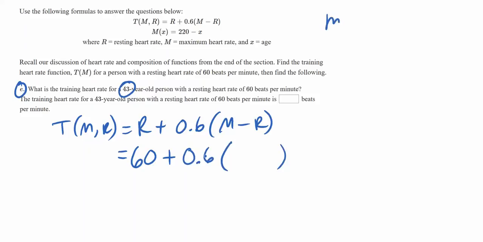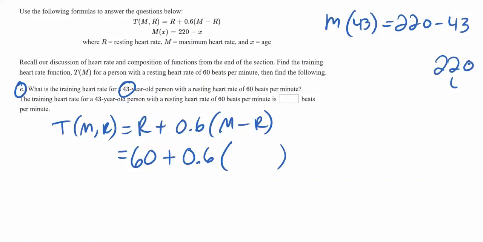And so for a 43-year-old, it's going to be 220 minus 43. I have to do that on the side there. That looks like 177 minus 60.